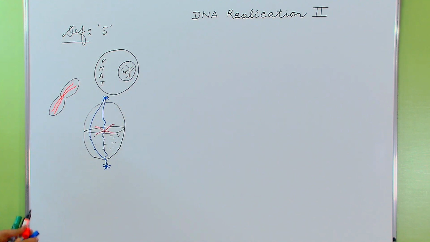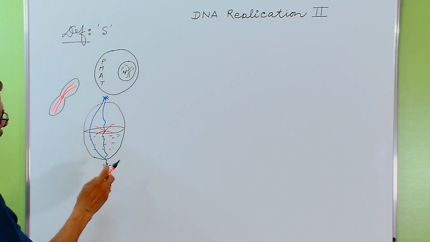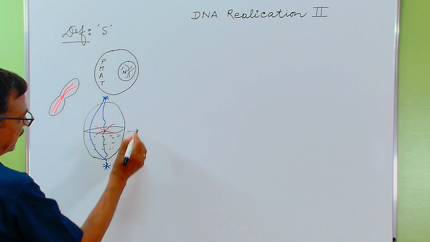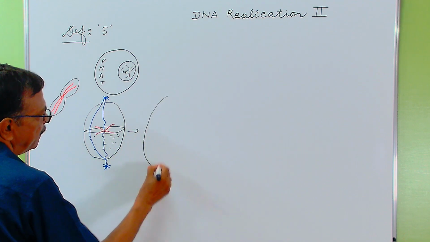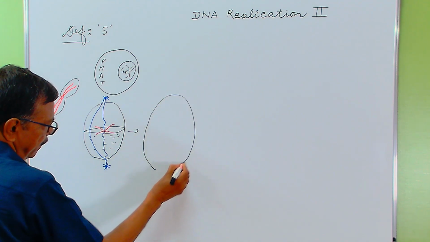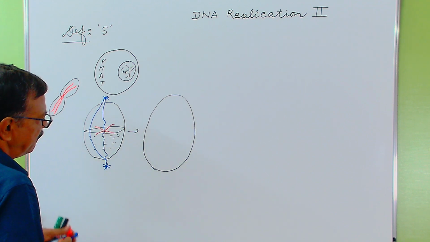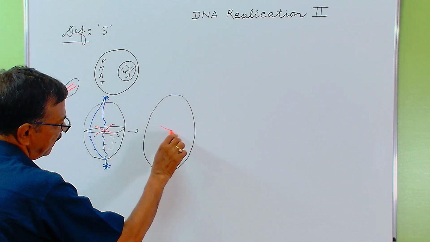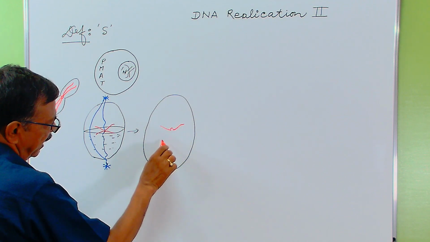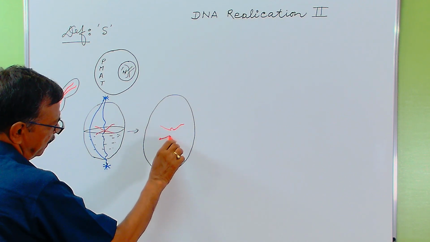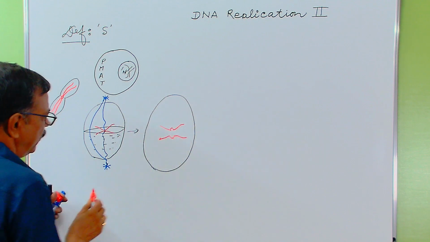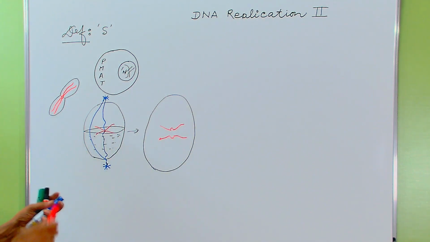So in the cell, half of the chromosomes will go here and half of the chromosomes will go here. The chromosomes are made up of chromatids.